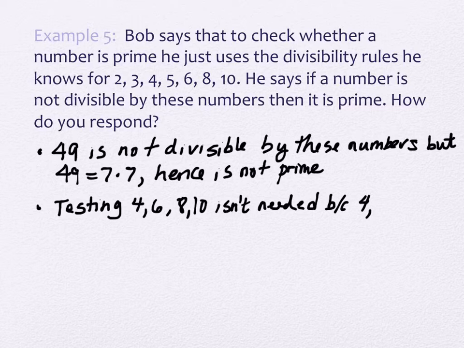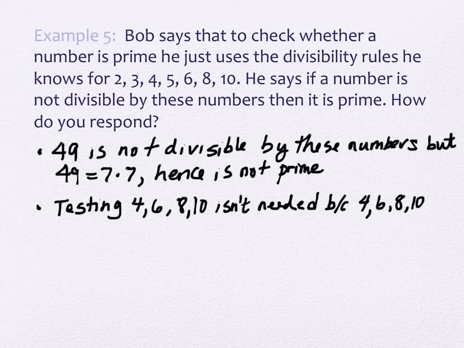They're even. What else could we say about them in terms of this section of material? What kind of a number are they? Composite's the word I'm looking for. The issue is that they're composite.